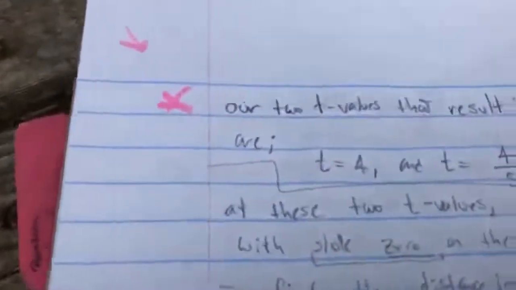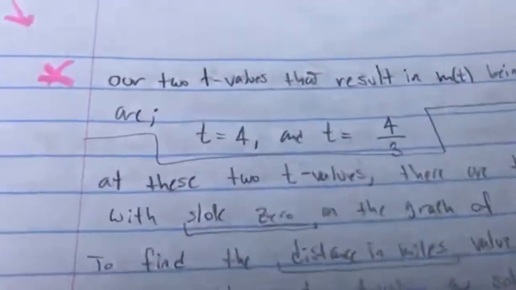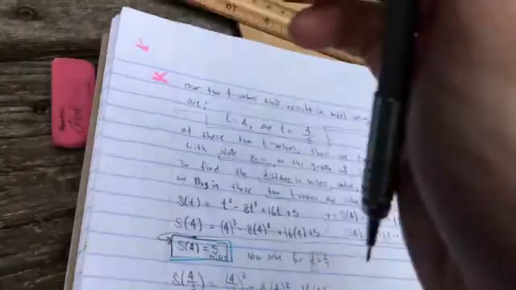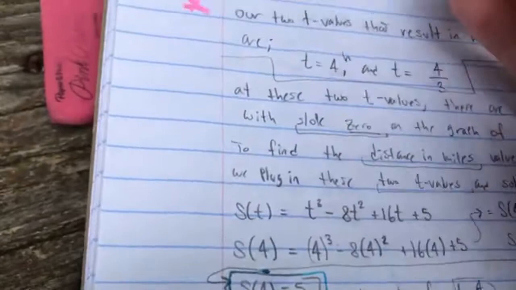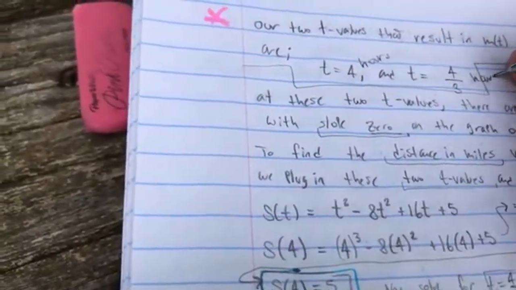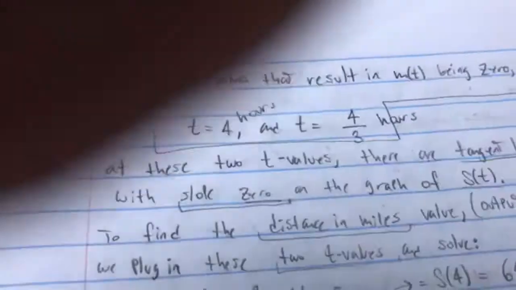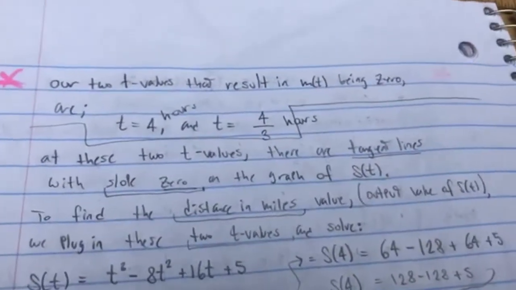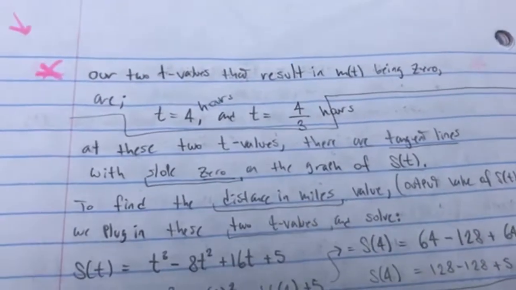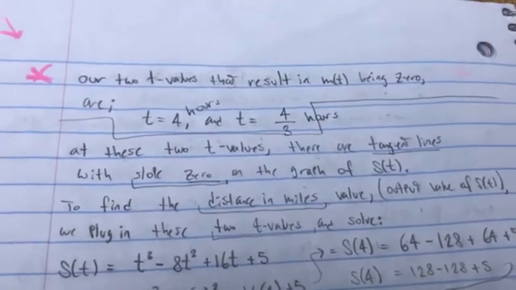So, let's see. Our two t values that result in m(t) being 0 are t equals 4 hours, and t equals 4/3 hours. At these two t values, there are tangent lines with slope 0 on the graph of s(t), the position function.